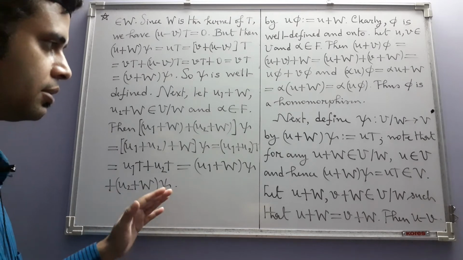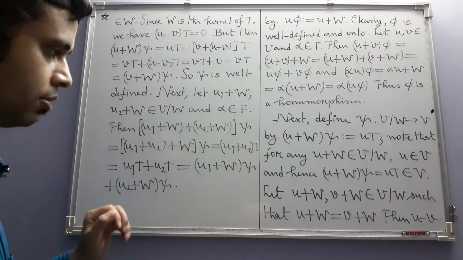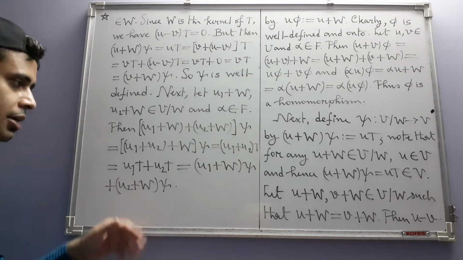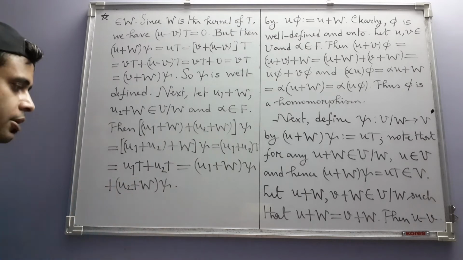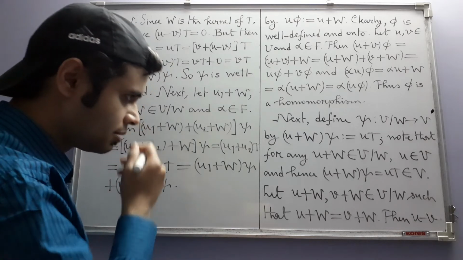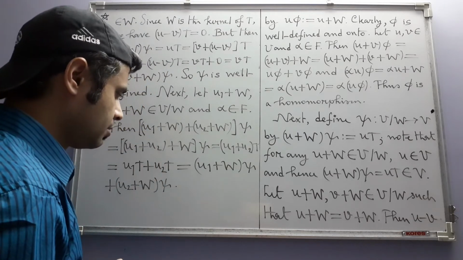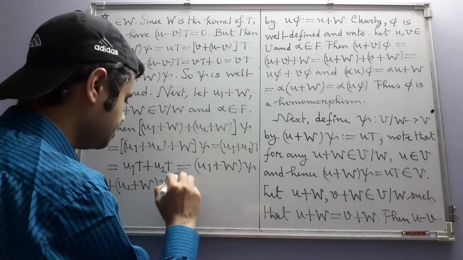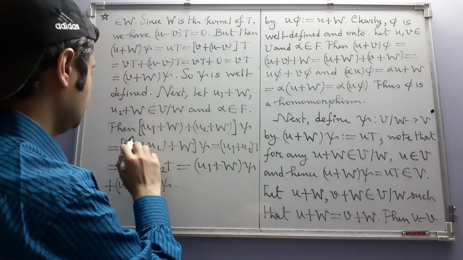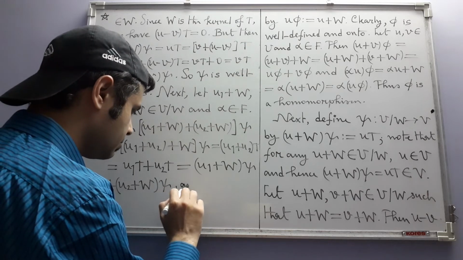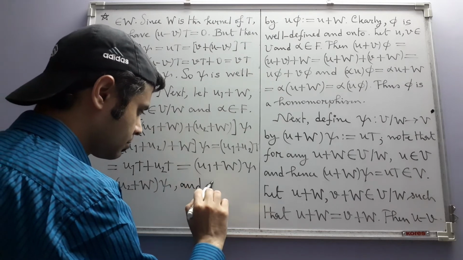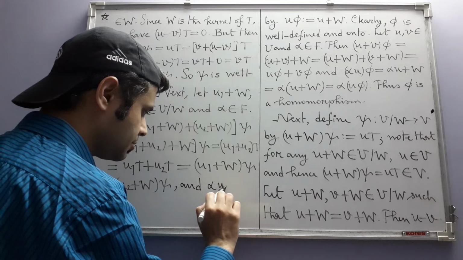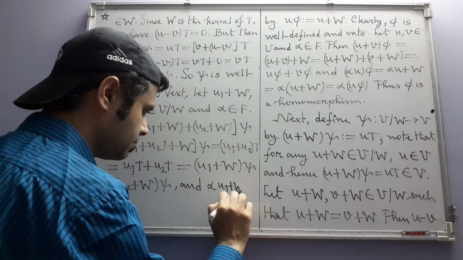Now let us see whether it respects multiplication by a scalar, because scalar multiplication sometimes also means dot product, which is an entirely different thing.